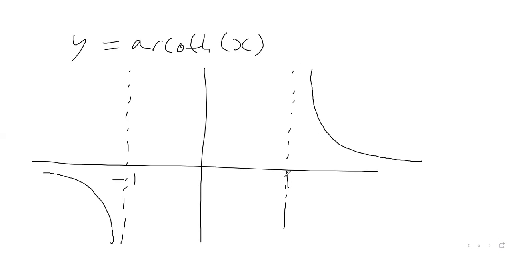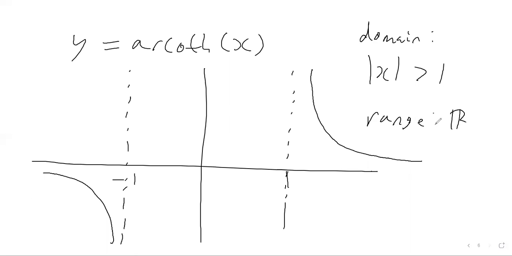Yeah, so a graph like that. And as you can see, obviously the domain is modulus of x greater than 1, and we've got a range of, well, technically all real numbers apart from 0, but I'm just going to keep things easy and just say the range is all real numbers. Yep, so that's the arcoth function.